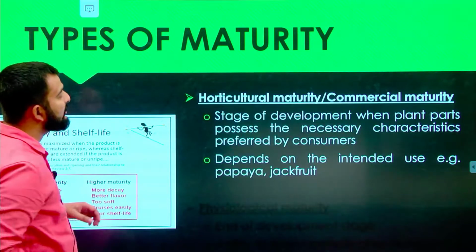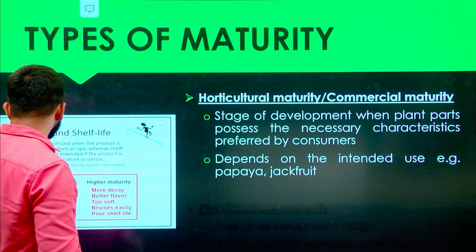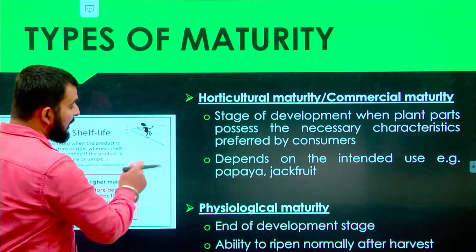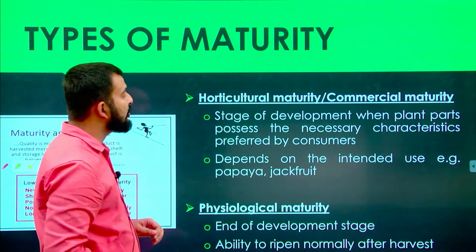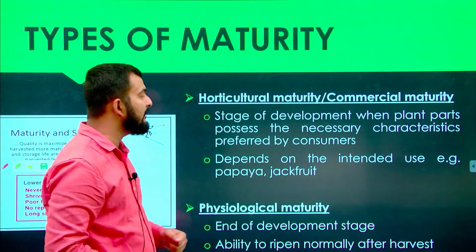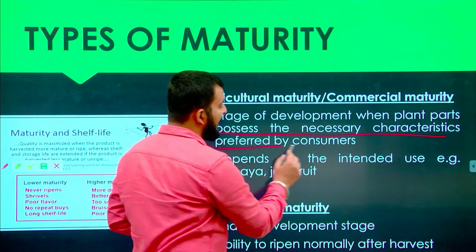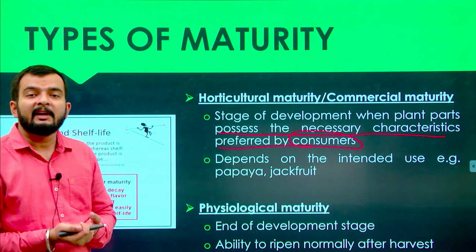Next we see types of maturity, as we have discussed: horticultural or commercial maturity, and the second one, physiological maturity. Horticultural maturity is a stage of development when the plant possesses the necessary characteristics preferred by the consumers, that is, what the consumer likes.